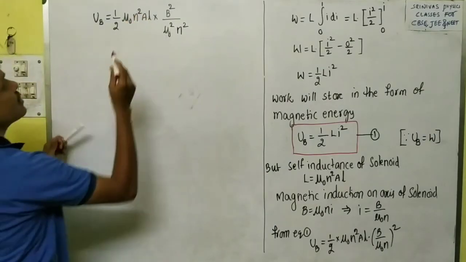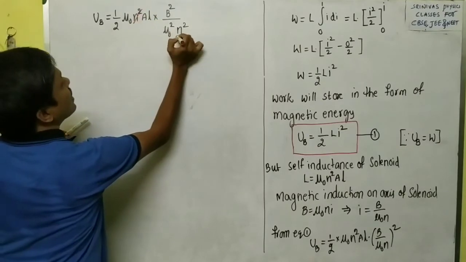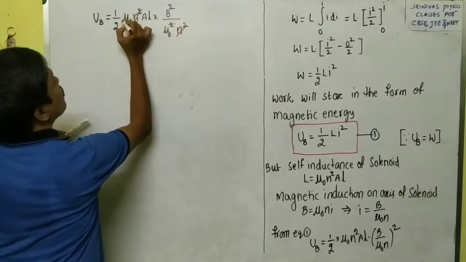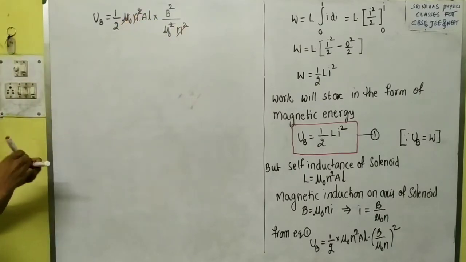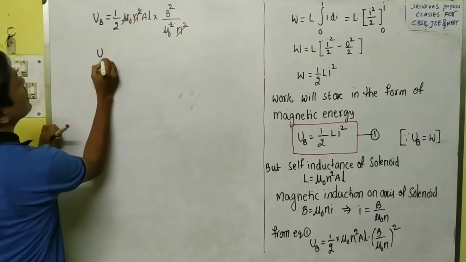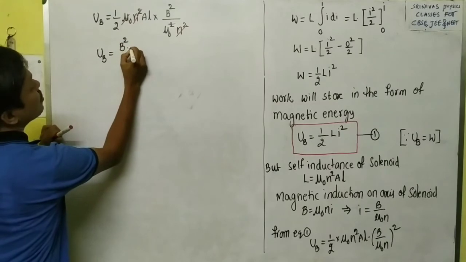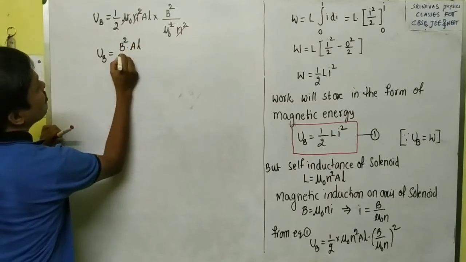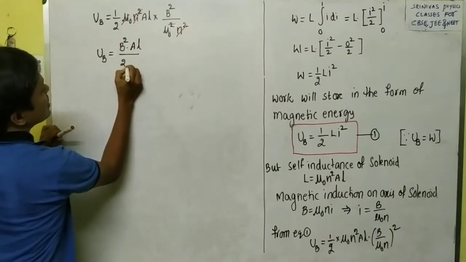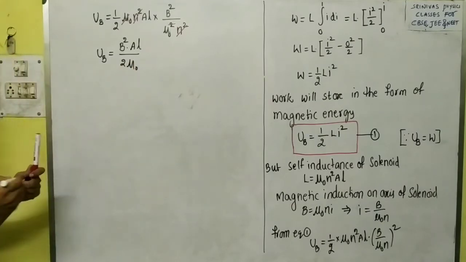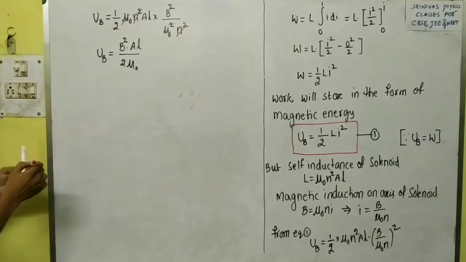This n square and n square will cancel, and mu naught square and mu naught will cancel. What remains is the magnetic energy stored formula: B square into A L by 2 mu naught. This is the formula for the magnetic energy stored in terms of B, A, L.